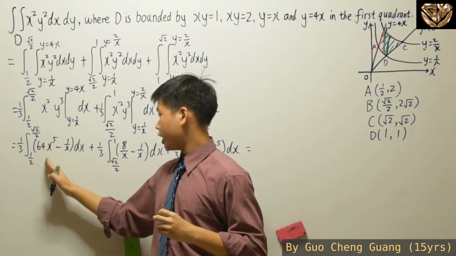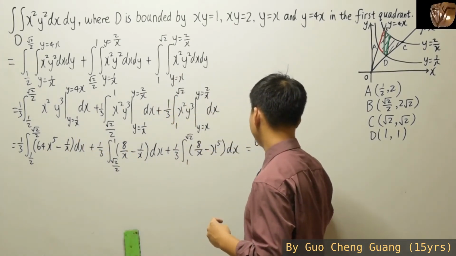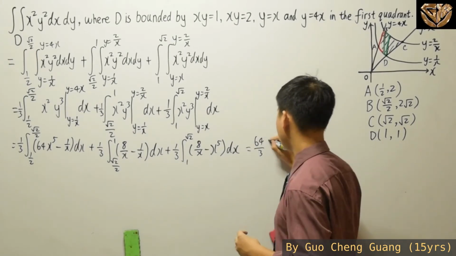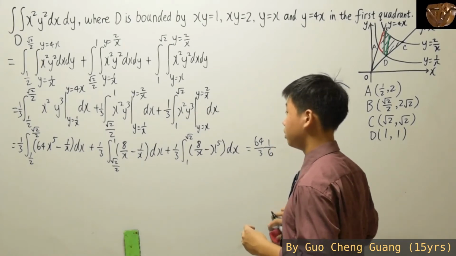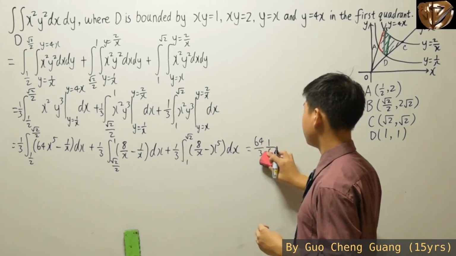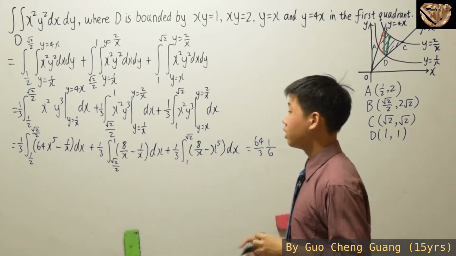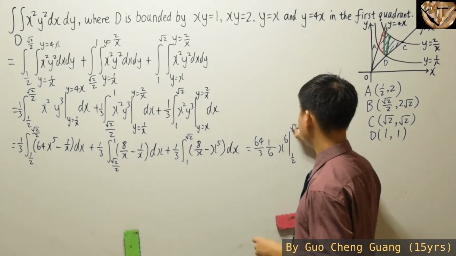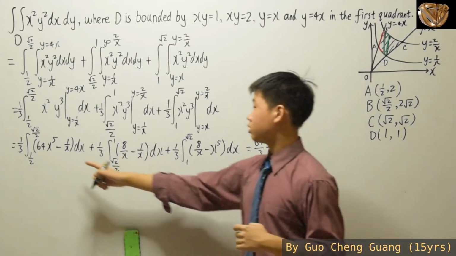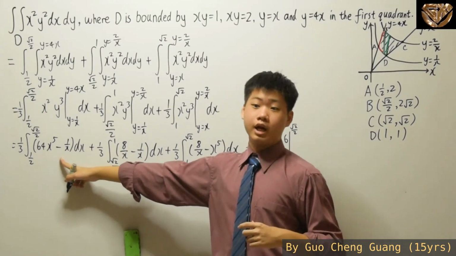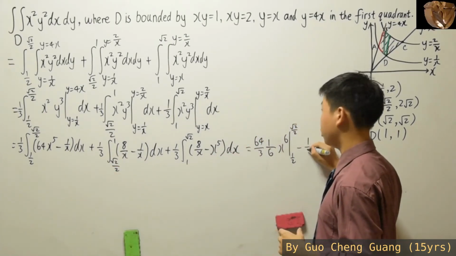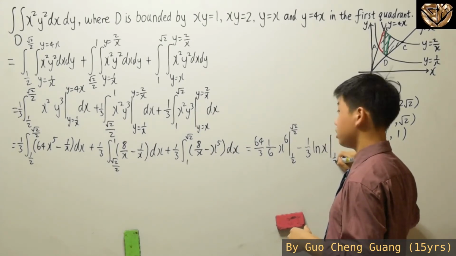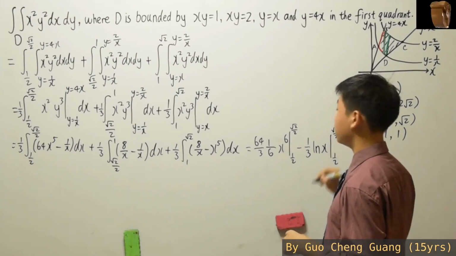So, for x to the power of 5, you could just directly put 1 over 6. So this is what happens when you integrate x to the power of 5, from half to square root 2 over 2. And next, for your minus 1 over x, you have minus 1 over 3 ln x, where x is from half to square root 2 over 2.